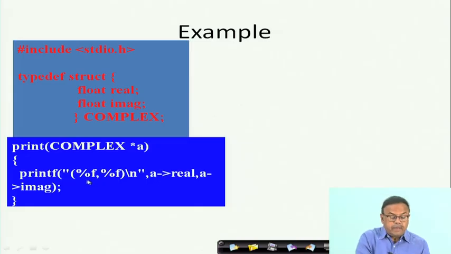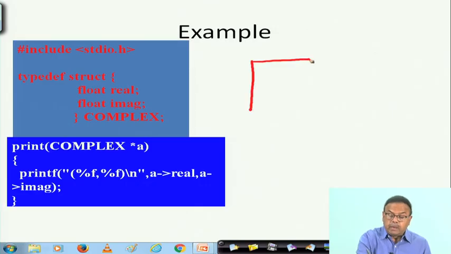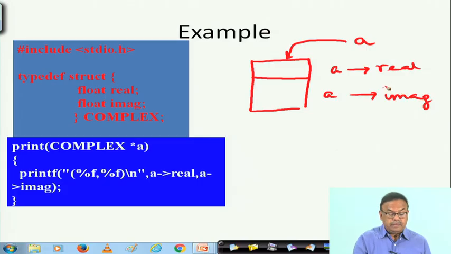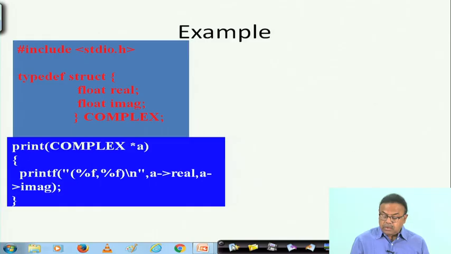So, printf has two placeholders, A real, A imaginary. So, why is it possible? A is a pointer. So, it is pointing to some complex number, whatever that is, and I am going to the real part, I am printing A real, and this part is A imaginary. Okay. So, this is what is being done by this piece of function code.